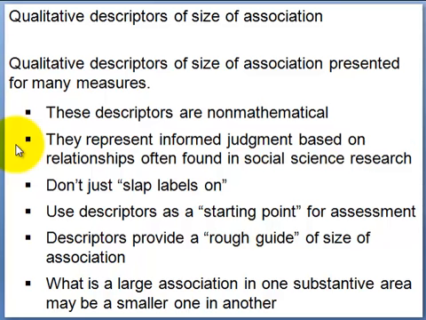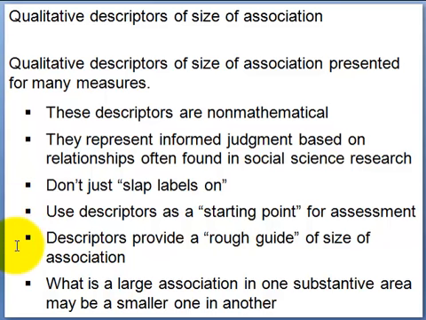And these qualitative descriptors are approximate. They're to help you get a feel for a relationship. So don't just slap labels on. Use these descriptors as a starting point to think about how large or small the association in your sample is.